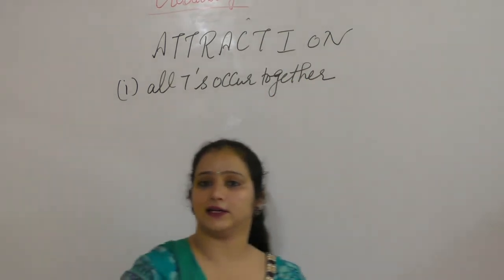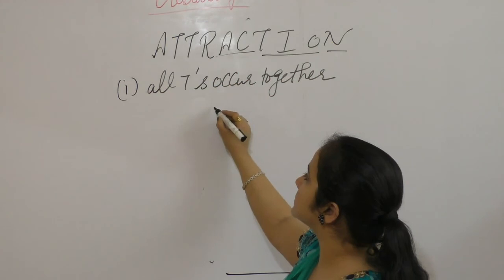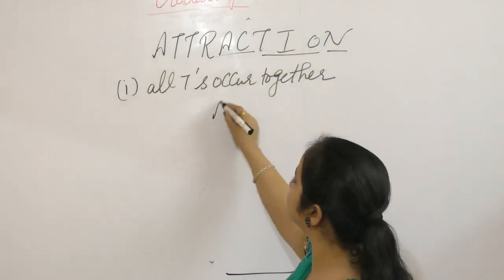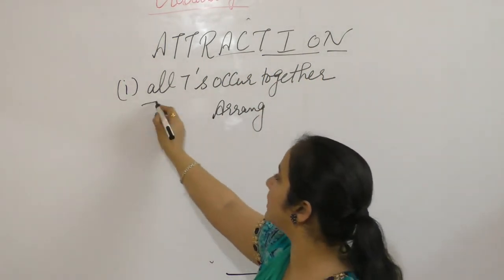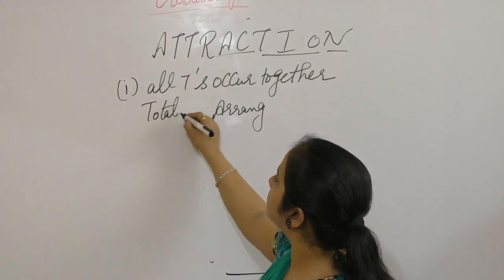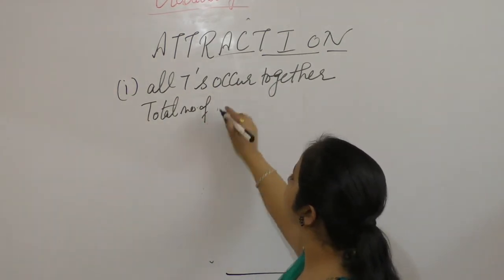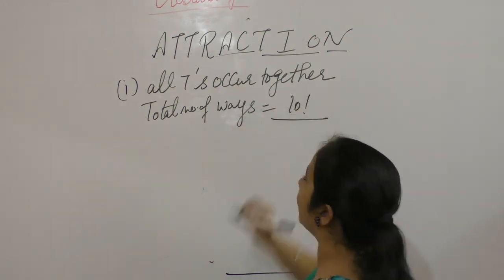In the word attraction, there are 10 letters. So we can arrange the word attraction in, total number of ways to arrange the word attraction is 10 factorial upon.